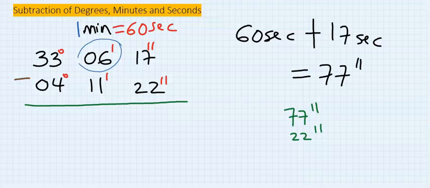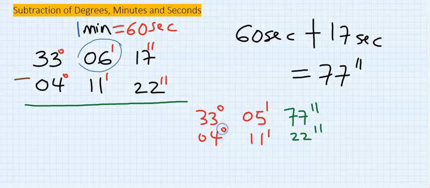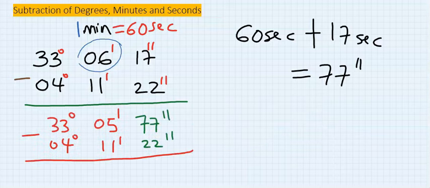And on this side, I'm now left with 5 minutes because 1 minute is gone, subtracting 11 minutes. On this side, I have still 33, and on this side, I have 4 degrees. This becomes my new question. Hence, I'm going to be solving this.